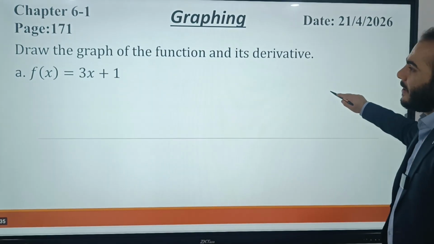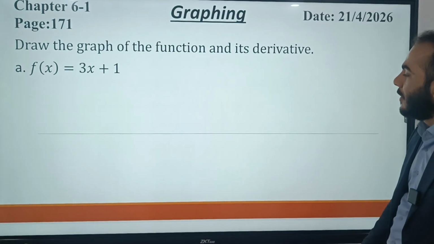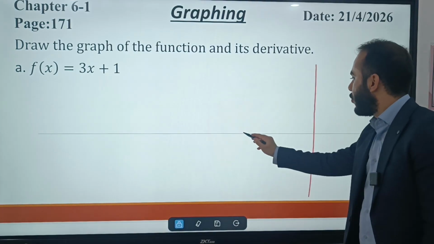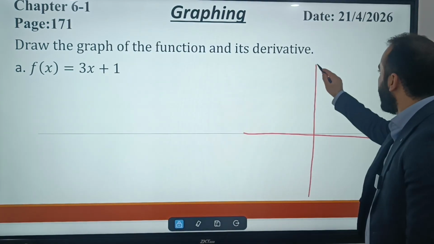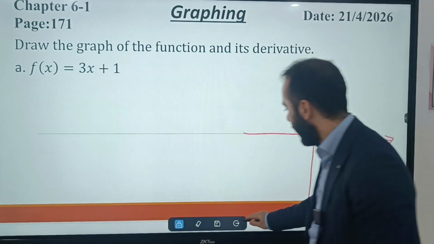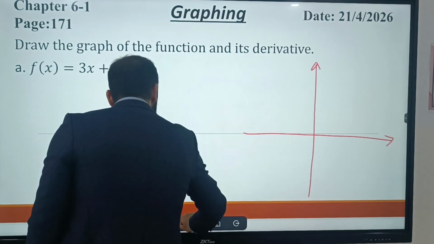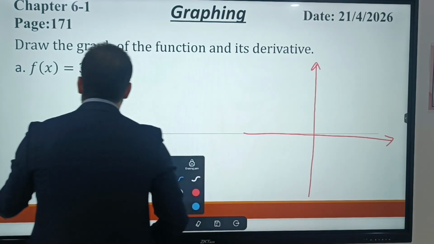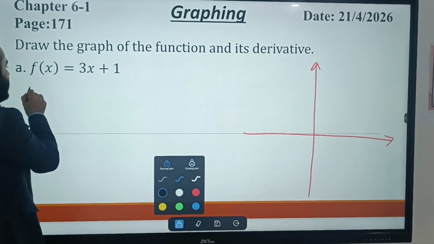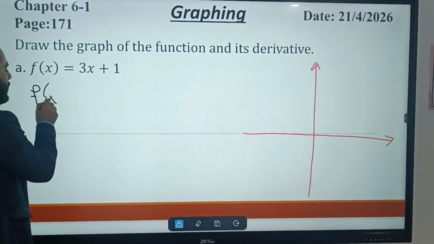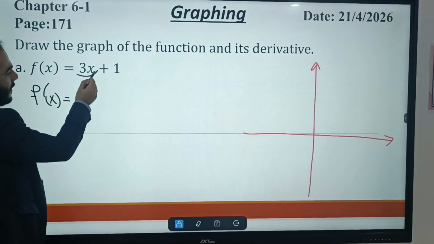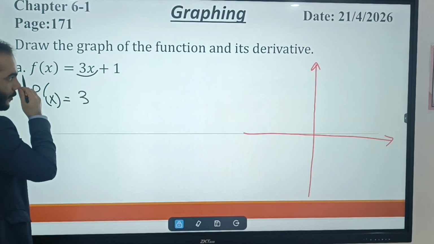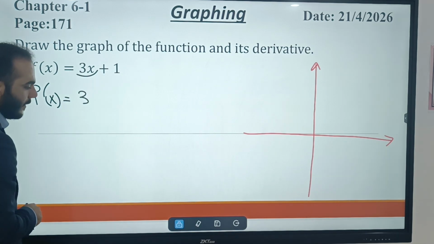Here it says draw the graph of the function and its derivative. Of course, there will be a coordinate plane over here, which we are already familiar with. So first of all, find the derivative, please. f prime of x equals the derivative of 3x, which is 3, and the derivative of 1 is 0.